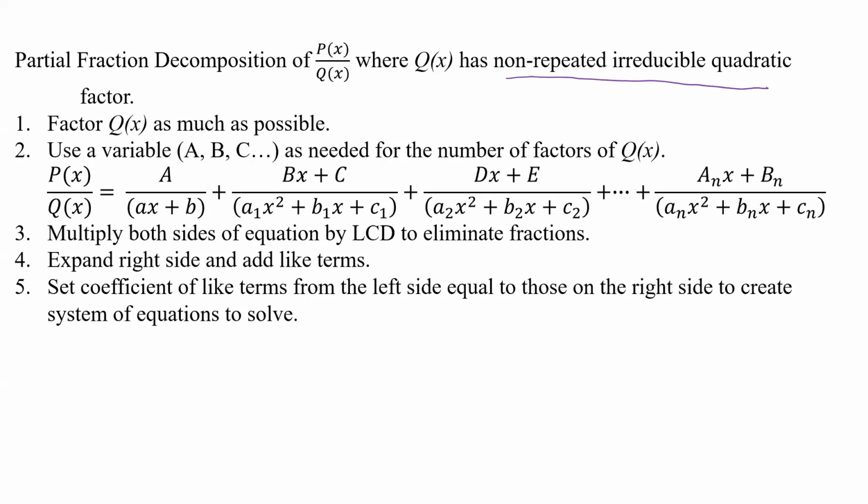And then we'll have Bx plus C over the first quadratic plus Dx plus E over the next quadratic, and so on. And again, same thing works for 3, 4, and 5. The key now is we have to separate it like this. And so once you factor that q of x, it will depend on what your final equation is going to look like.